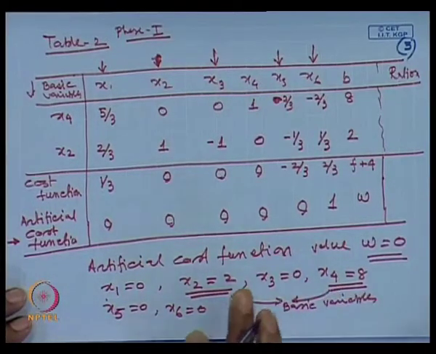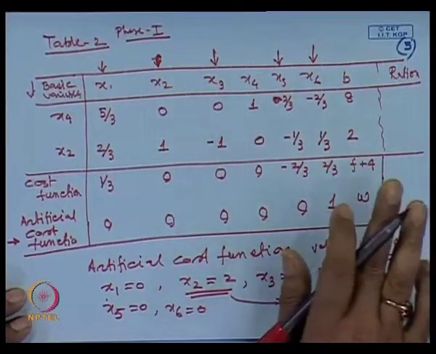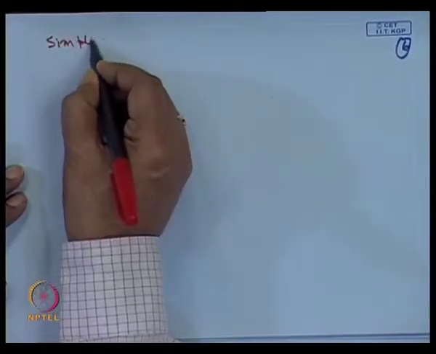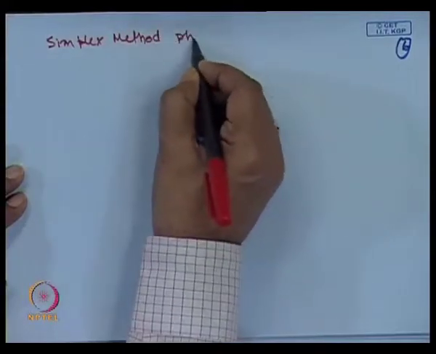Since W is 0, the value of x6 will not be considered in the second phase, phase 2, from now on. So, phase 2 of the simplex method, phase 2.